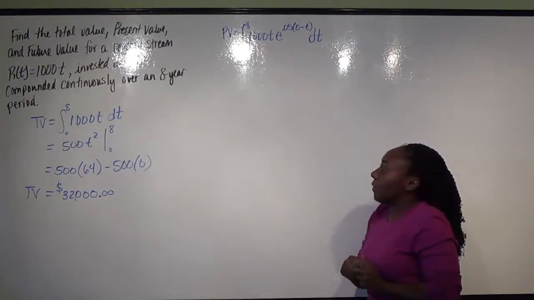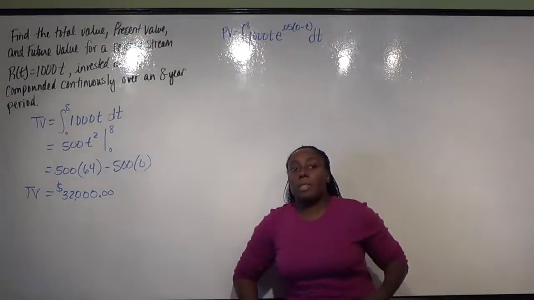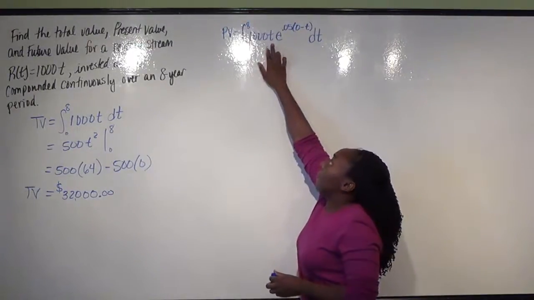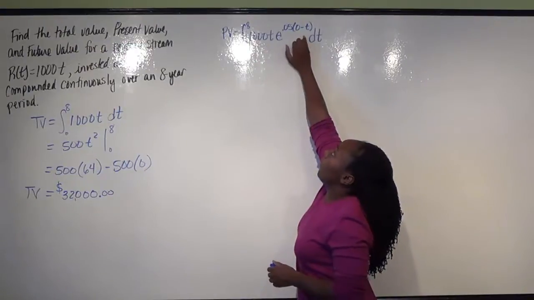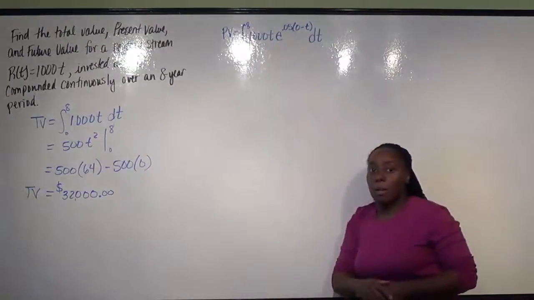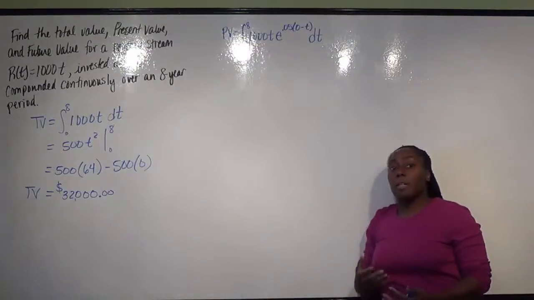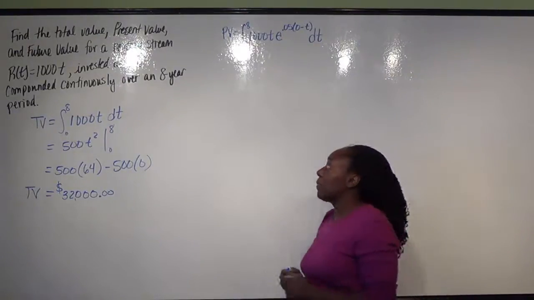Now here's where these problems get a little trickier because now that my income stream is not constant, we notice I now have my variable t in both the exponent and in the base of my expression. And so here, in order to solve, I'm going to need to use integration by parts.